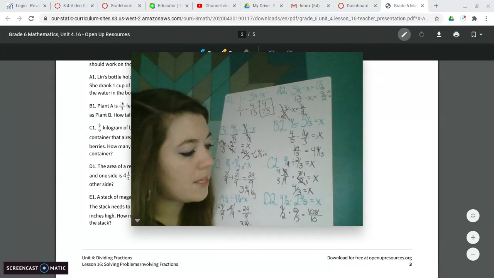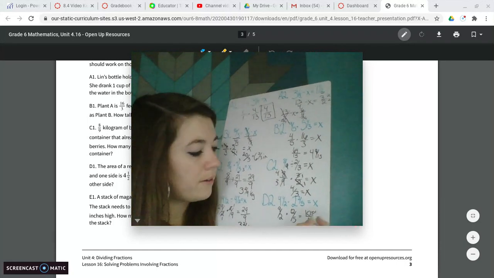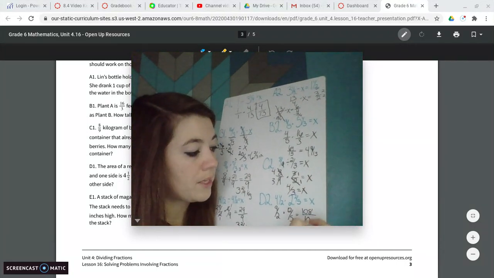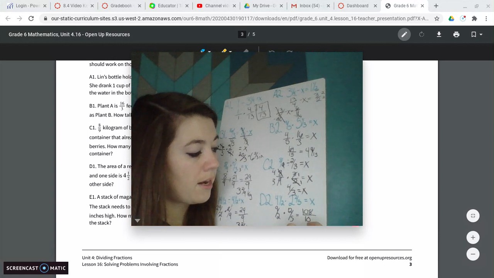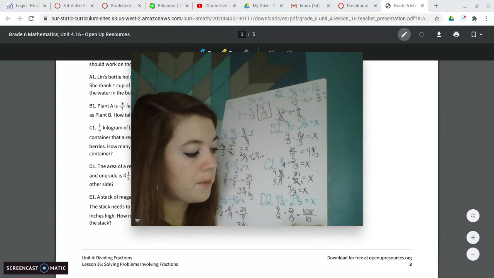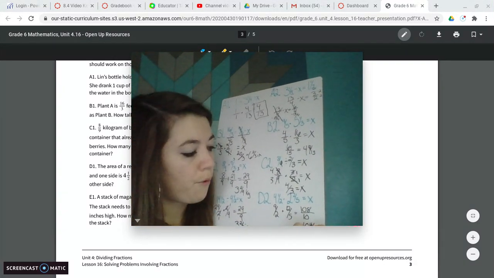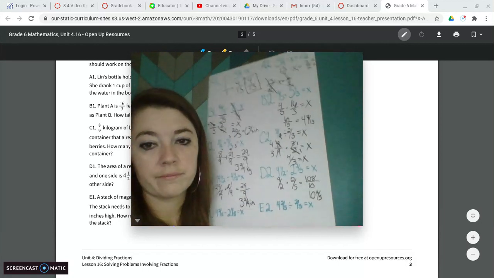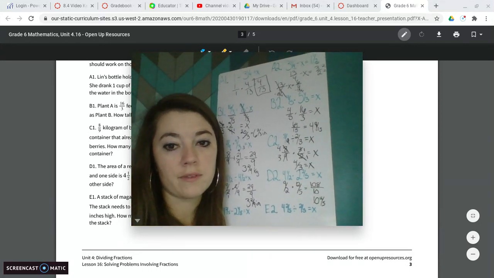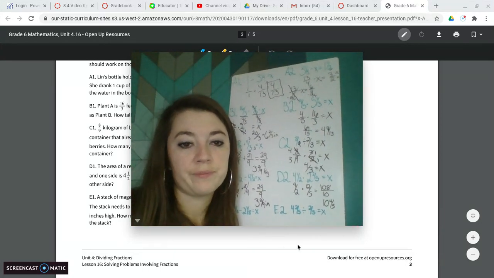So we end up with this. We can simplify this, and 10 can go in 10 times. So we end up with 10 and 4/5 for our solution because it'd be 8/10, which reduces to 4/5.